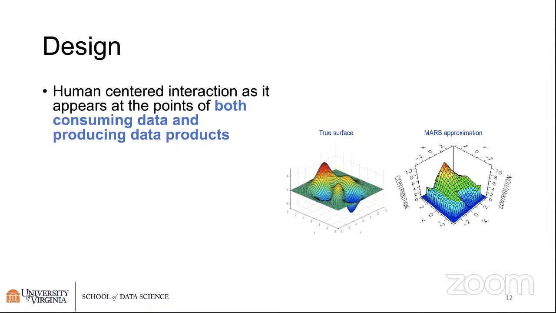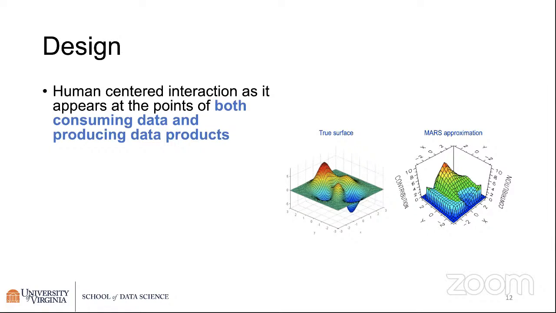Okay, design, the next component of this 4+1 model. Design is the human-centered part of this. This is where we really think about the human being interacting with the data science piece. This is where you really look at what the data is. As a data scientist or data analyst, you're trying to understand the data.